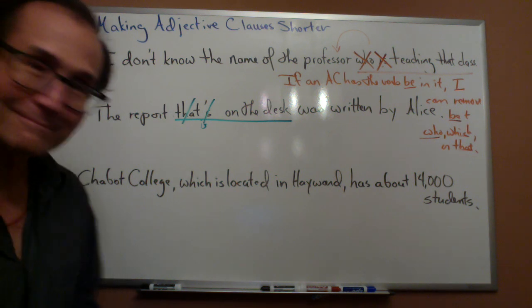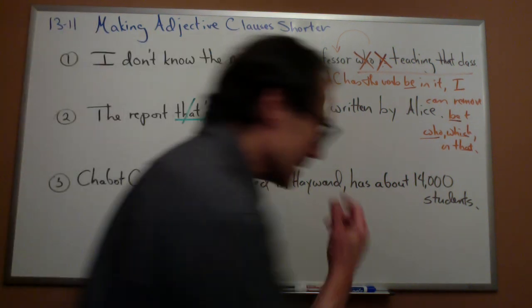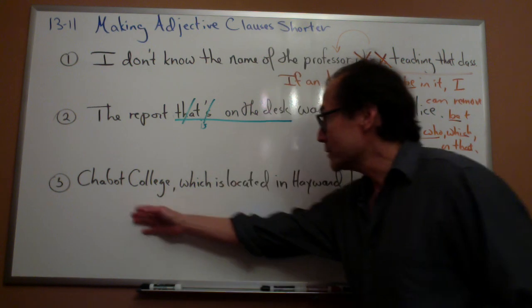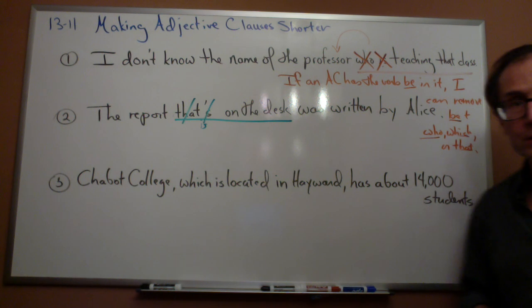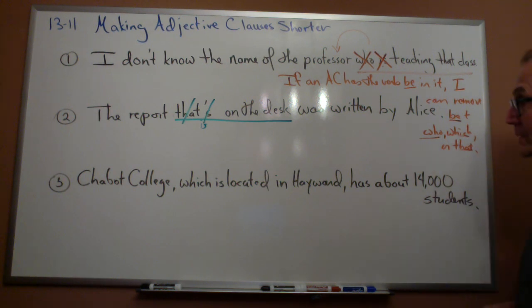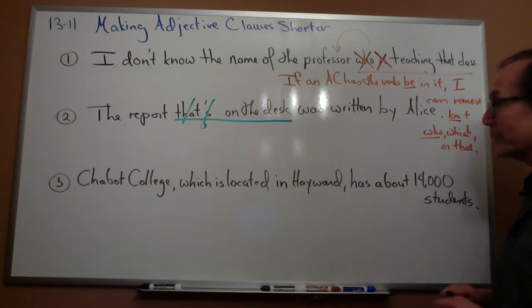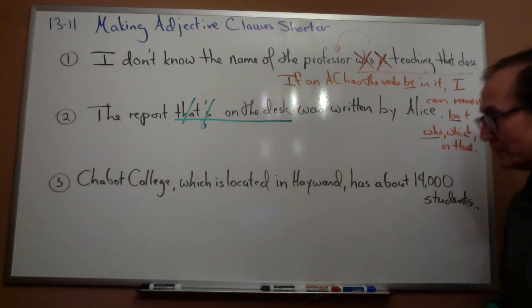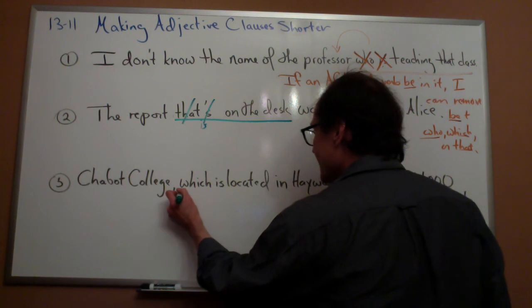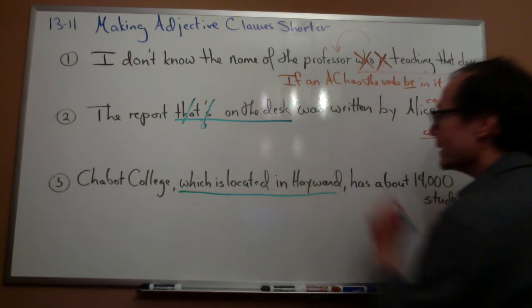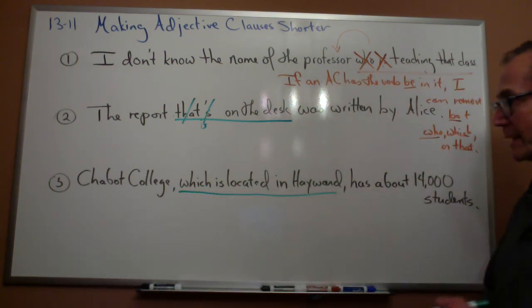Okay. Now, one more example. Chabot College, which is located in Hayward, has about 14,000 students. I won't ask you to find the adjective clause here because I think it's pretty clear. It's right here, which is located in Hayward.